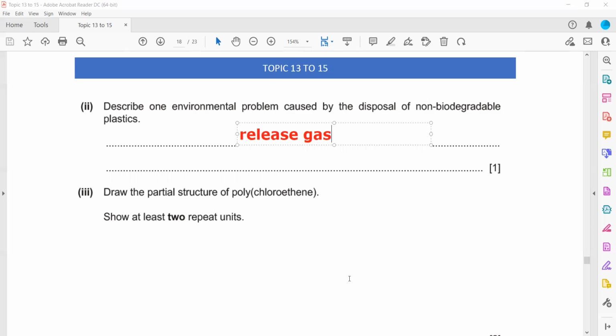You can mention incineration, because basically directly it is not releasing. When we burn these non-biodegradable polymers, the burning leads to the emission of toxic, poisonous gases, or it takes up the landfill space.